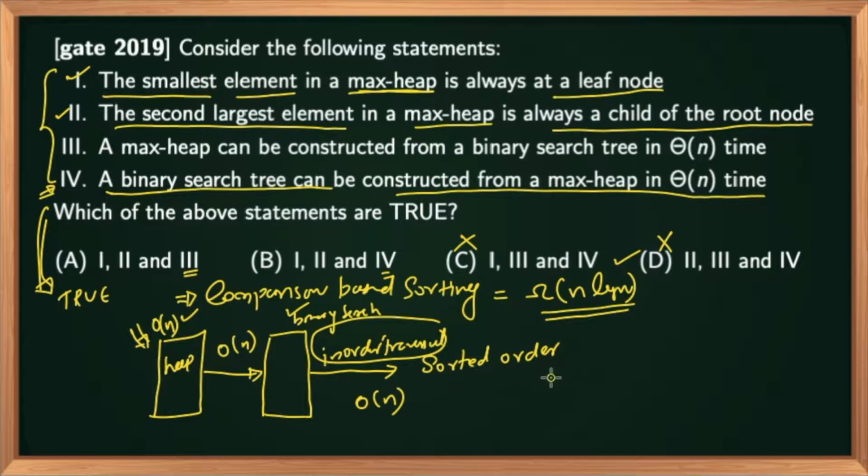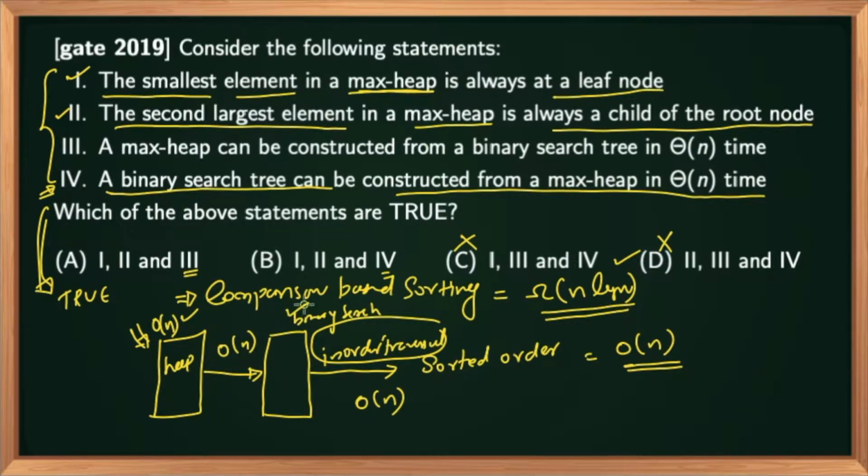So construction of the heap takes order of n, the conversion takes order of n, and the in-order traversal takes order of n. If I add all these, it will be again order of n. That means I can sort an array in order of n time. That is not possible, right?